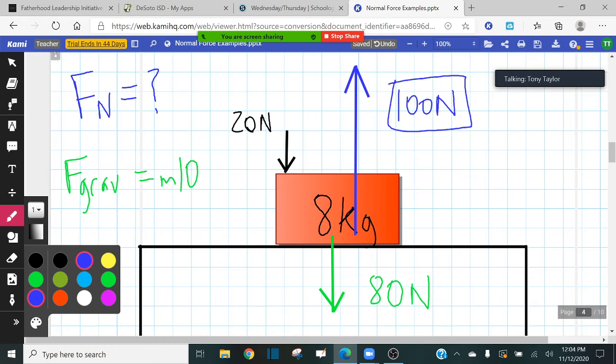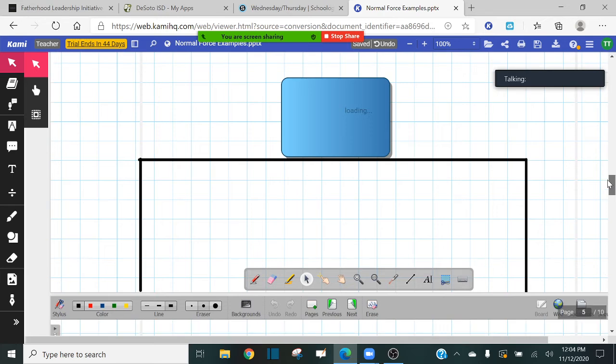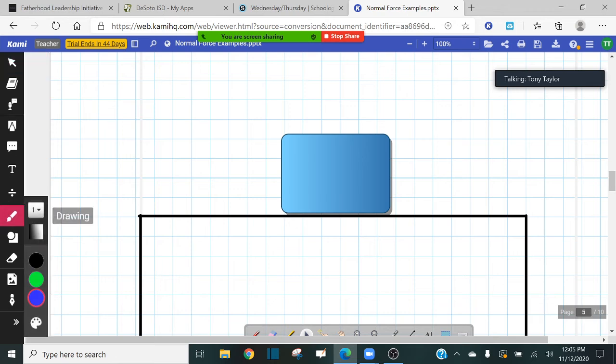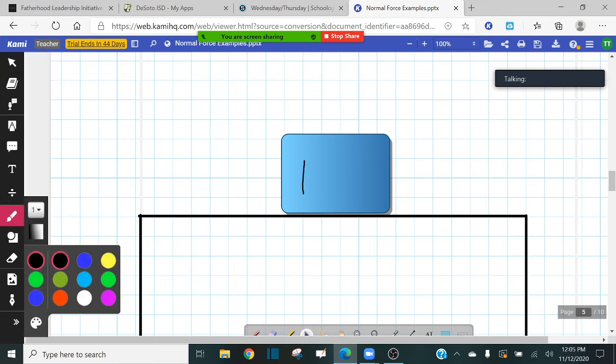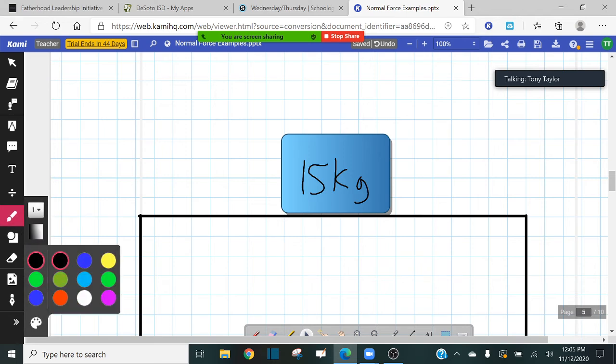All right, let's do another one. I'm gonna kind of change it up a bit. Let us imagine, guys, that you have a situation like this where you have a box. Let's say we have a box here that has a mass of 15 kilograms. Okay. And let's say there's someone slightly pulling up on the box. So they're pulling up on the box with some force.